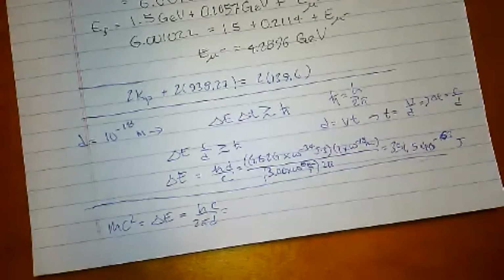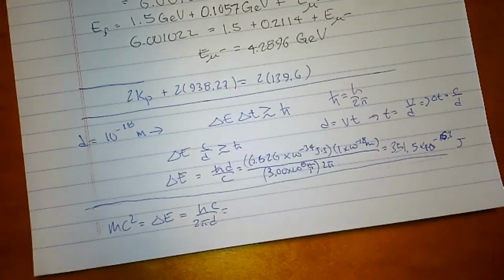So 6.626e-34 times 3e8, see, Mimi? Divided by parenthesis 2 times 3.14159 times 1e-18.